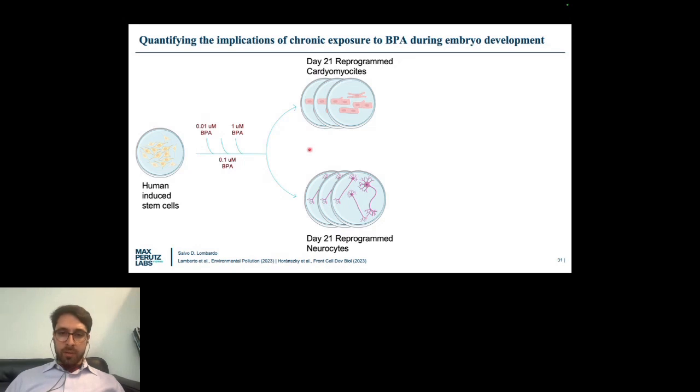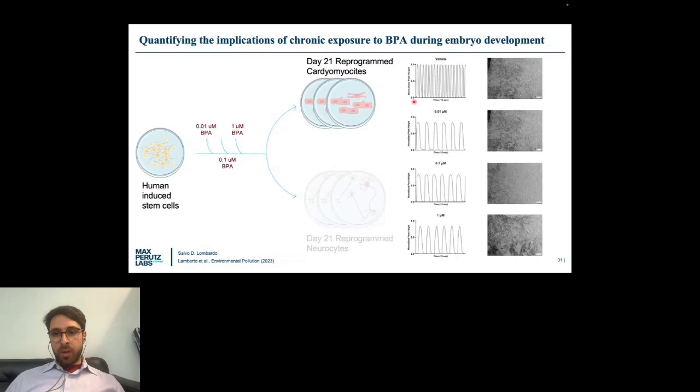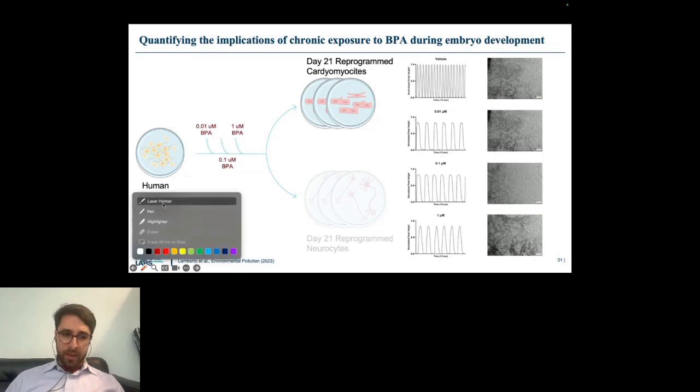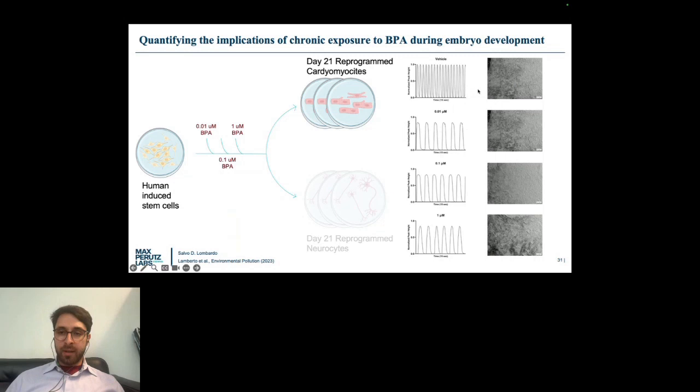And what we found out phenotypically was already interesting. What we found out for the cardiomyocytes was that there was a change in the normal pattern of the frequency behavior of these cells. These cells would organize themselves and start beating, as you might see here in this video.